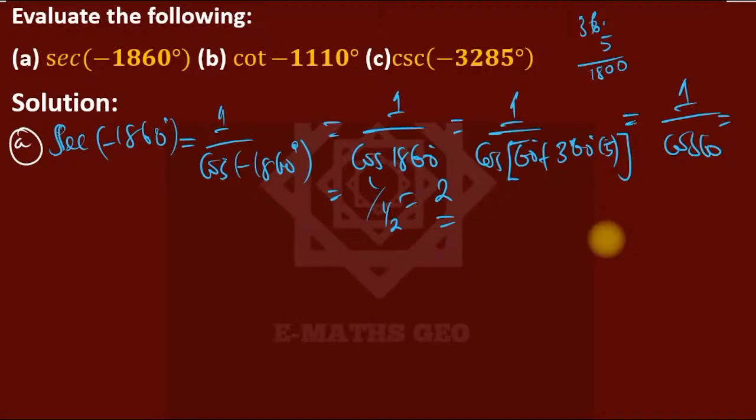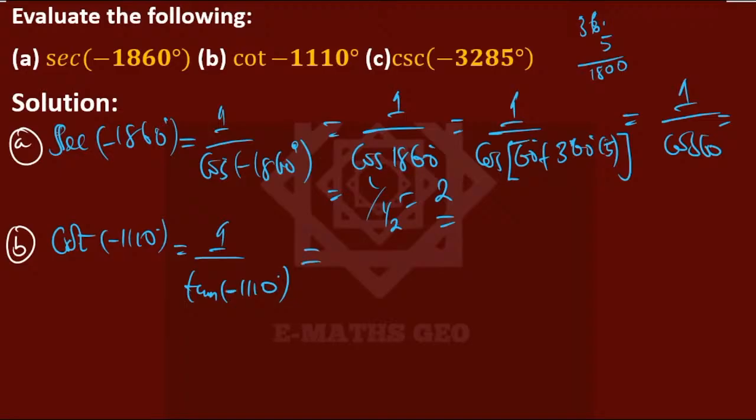So let's look at the second one, which is cot of minus 1110 degrees. First, we know that cot is 1 over tan. So we now have 1 over tan of minus 1110.